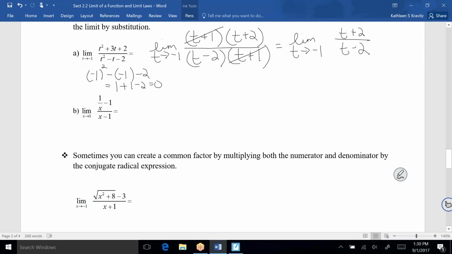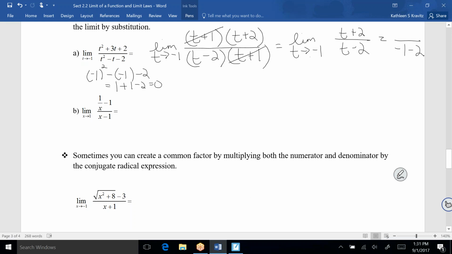And now we're going to try the same thing that we tried in the beginning. We're going to try to plug in that -1 in the polynomial in the numerator and denominator and see if there's any problems. This time when we plug a -1 into the denominator, we have -1 minus 2, which isn't 0, so it's fine. We can do that.